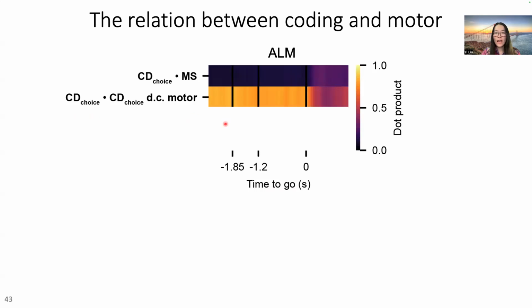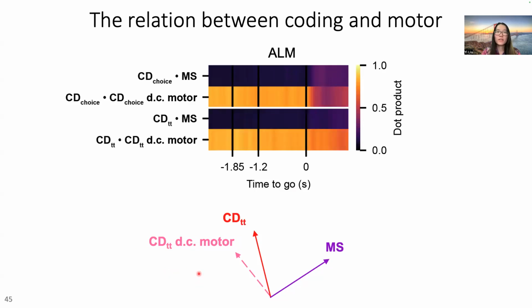This dot product is high, which indicates that removing motor does not have a big effect on CD choice. This seems to imply that the motor subspace is not very aligned with the coding subspace, as is shown by this illustration. Similarly, CD trial type is not aligned with motor subspace either, as we can see from the dot product values.